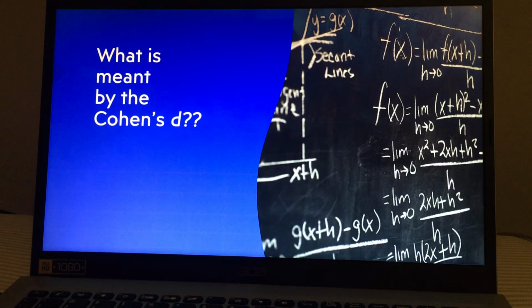So let's look at which of these is actually being computed. We're going to first look at Cohen's d for the stuff that we looked at yesterday, which was the one sample mean z-test and the one sample mean t-test.